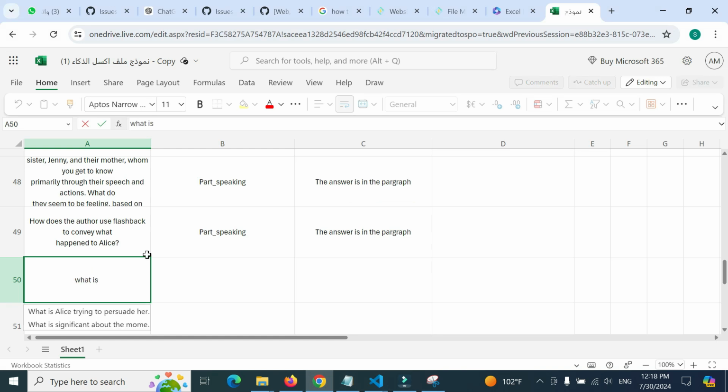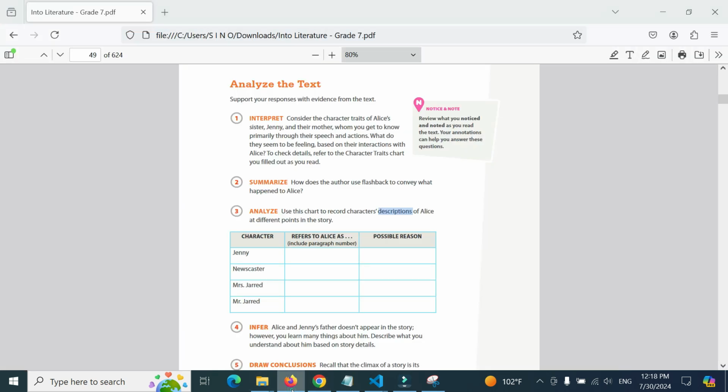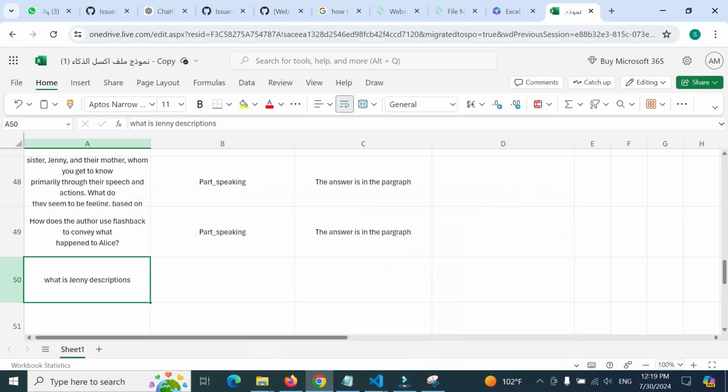What is Jenny's description of Alice at different points of the story?